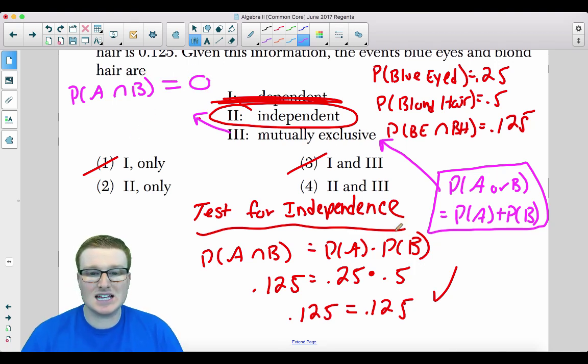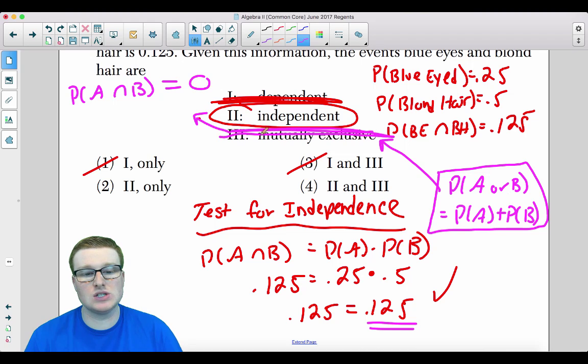Since clearly it does not equal 0, for the sole fact that it's 0.125, it is not mutually exclusive either. So your answer is choice 2.